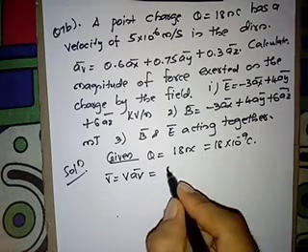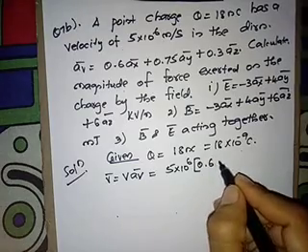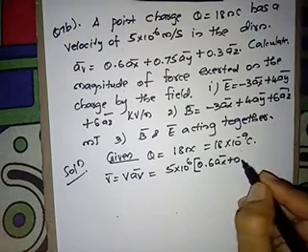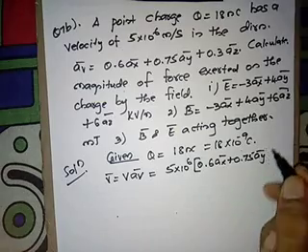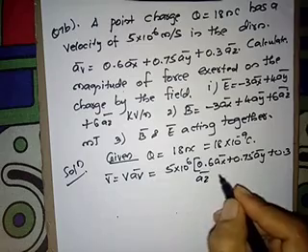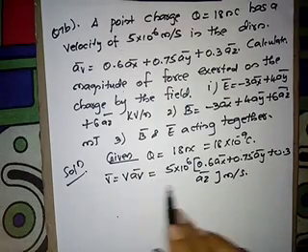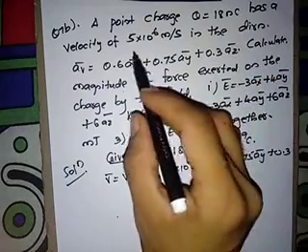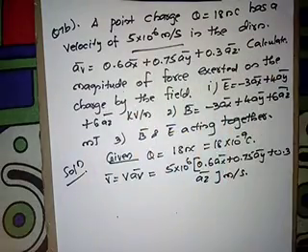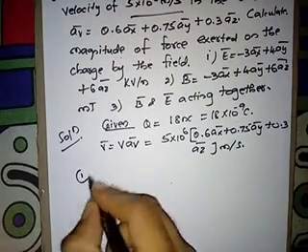So this is 5 into 10 raised to 6 multiplied by the vector 0.6 aX bar plus 0.75 aY bar plus 0.3 aZ bar meter per second. V is 5 into 10 raised to 6, that is given. Then aV bar is also given.